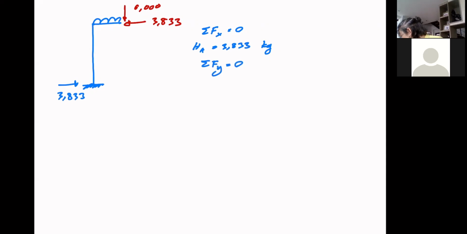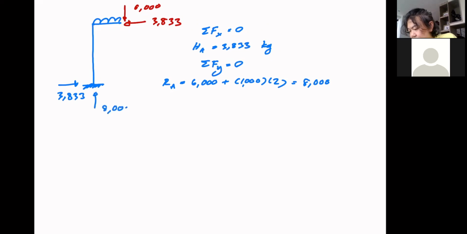So now you have 6,000 plus 1,000 multiplied by 2, that's a uniform load. That's your RA, which is equal to 8,000. Okay, so that is 8,000. Now with everything, it's time to take sigma MA equal to 0 to finally obtain the moment here.